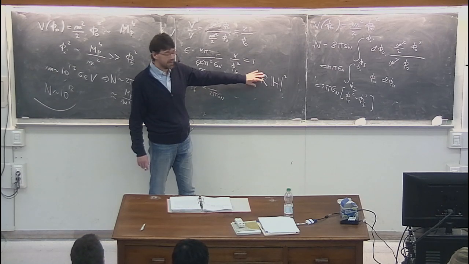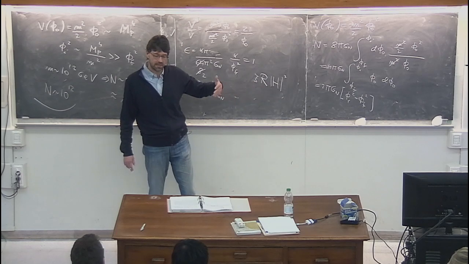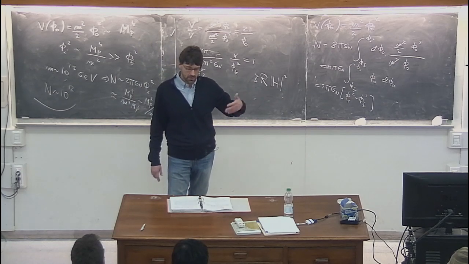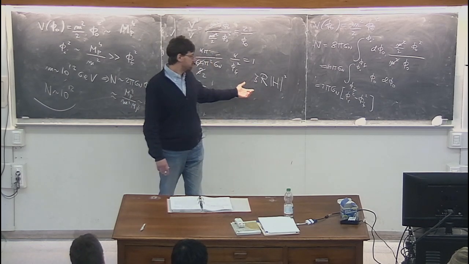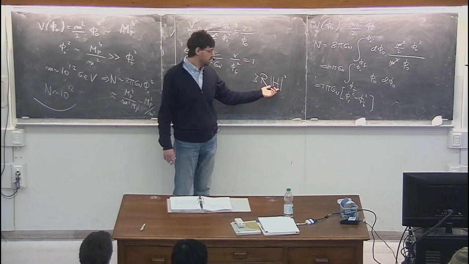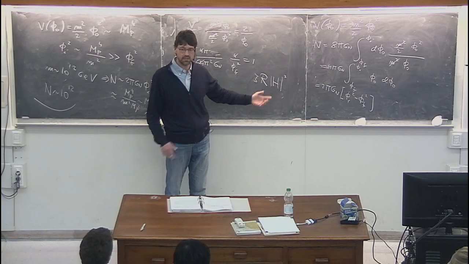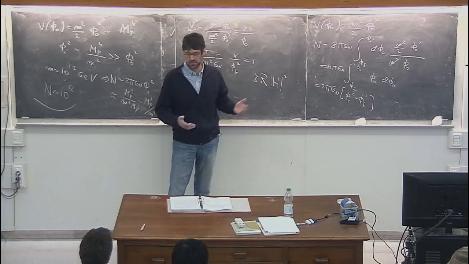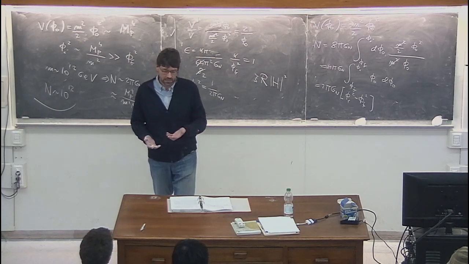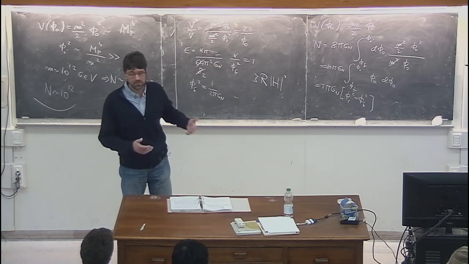Some people criticize this kind of approach because you are very sensitive to corrections to the standard model effective potential. So there is a lot of debate about this, but this is the state of the art. To answer your question, yes, you can do it, but you need some steps.